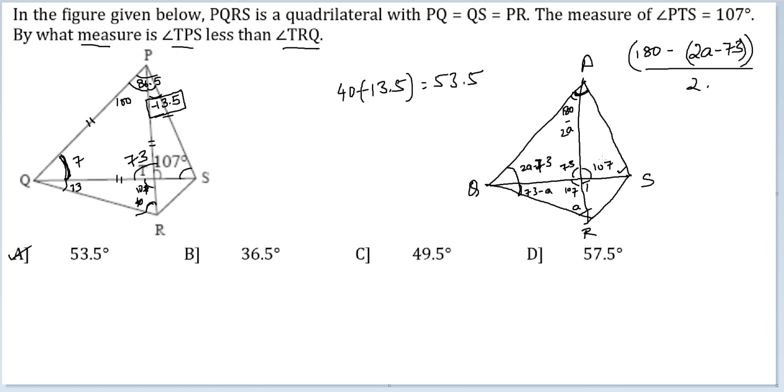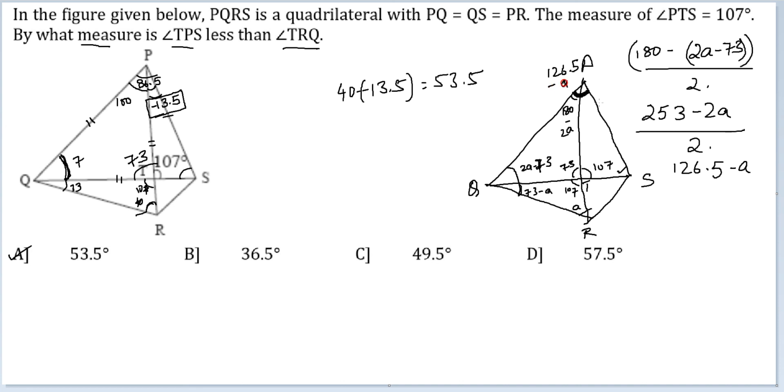From 180 you remove this angle and divide it by 2 to get the measure of this entire thing, which will come out to be 180 plus 73. So I get 253 minus 2A by 2, or 126.5 minus A.